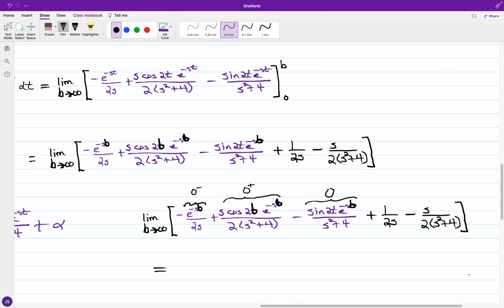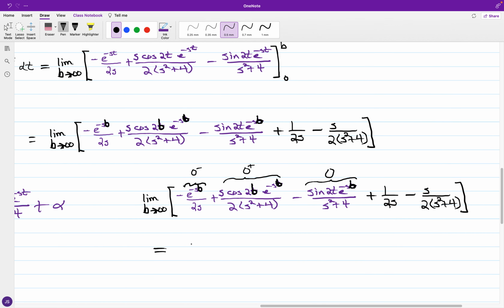For the final answer, we're going to have 1 over 2s minus s all over 2 times the quantity of s squared plus 4.